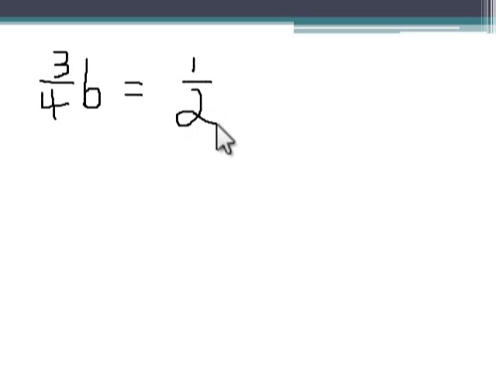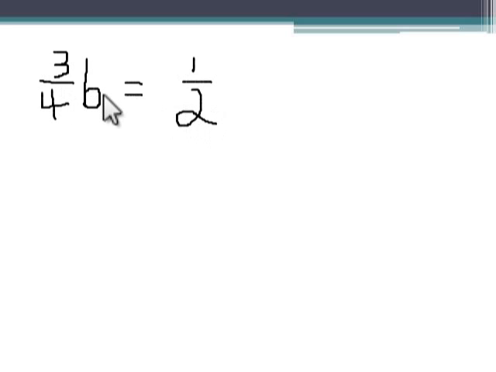If we had 3/4 times b equals 1/2. These are being multiplied, so normally the inverse would be to divide.